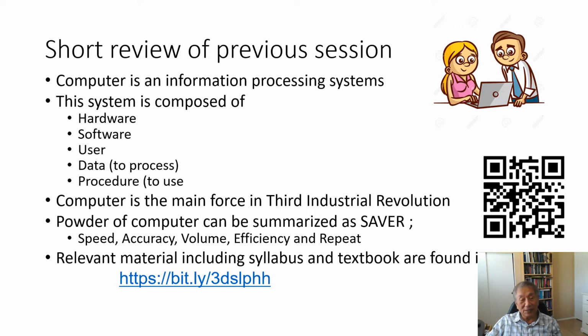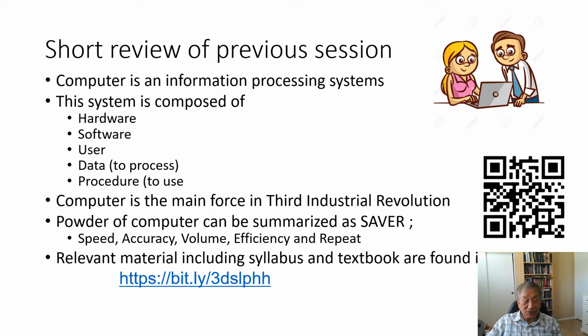I said with the nice acronym SAVER: speed, accuracy, volume, then efficiency and repeatability. The first three items of this advantage, that it is very fast and very accurate, and handles a huge volume of information, are controlled by or depend on the hardware.